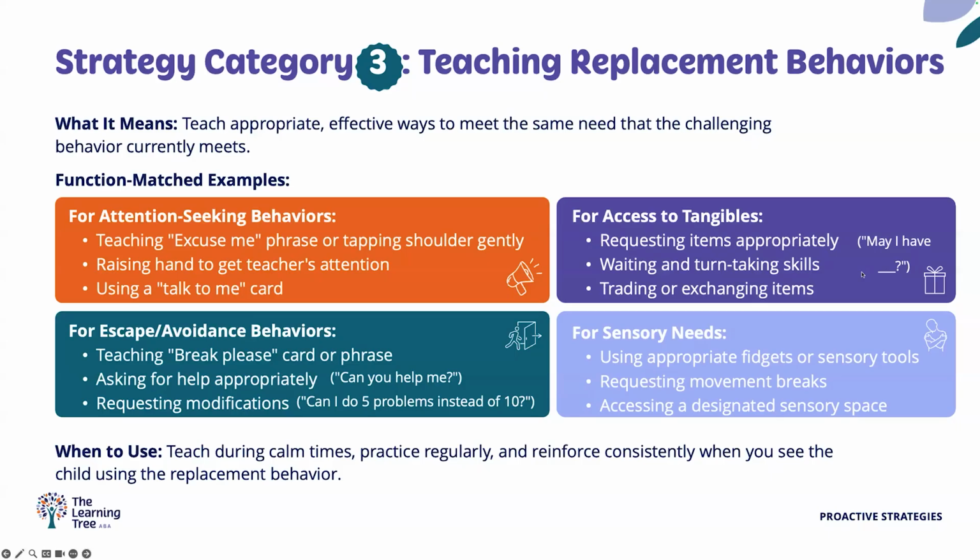For tangibles, requesting the items appropriately, waiting, taking turns, trading or exchanging items. Sensory needs, using appropriate fidgets or sensory tools, requesting movement breaks. And we're going to reinforce every step of the way.